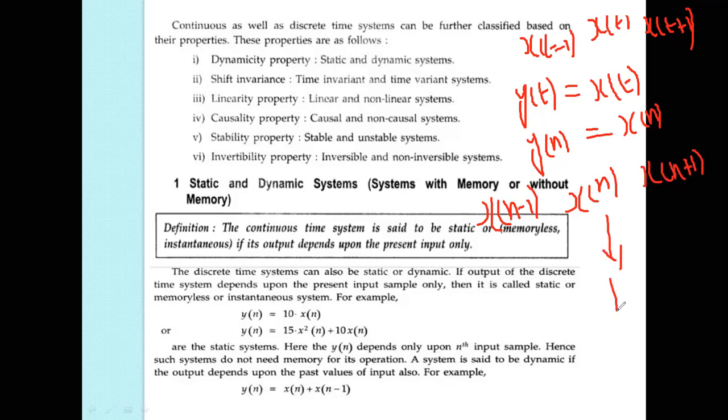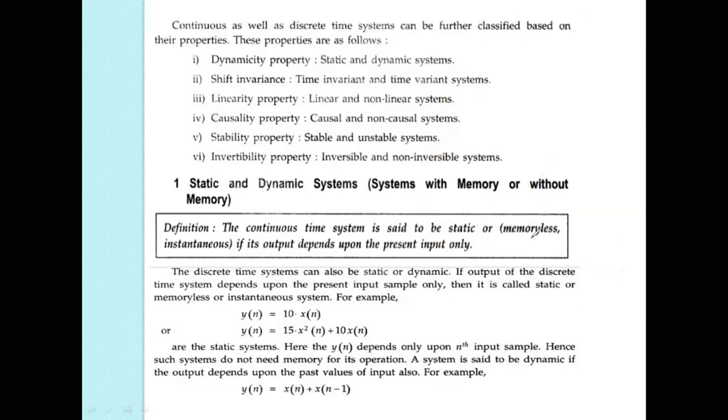x of n is the present in discrete, and x of t is also the present in continuous. The continuous time system is said to be static if its output depends upon the present input only. Then that system is static, otherwise it is dynamic.